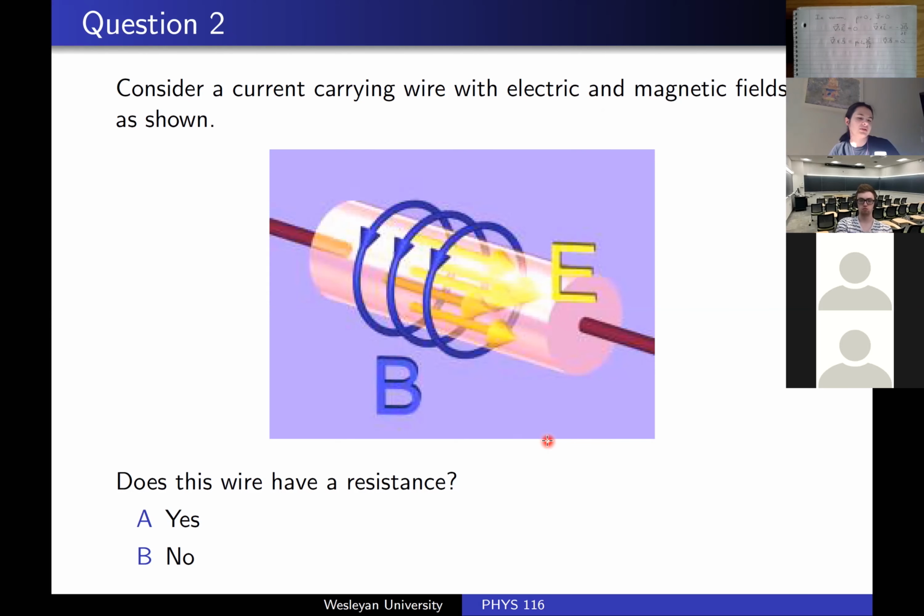I thought we said have resistance. Say again? Are we talking about a good wire? Well, the presence of the electric field should tell you something. Oh, right. Okay, so this is an ideal wire. Anyone?